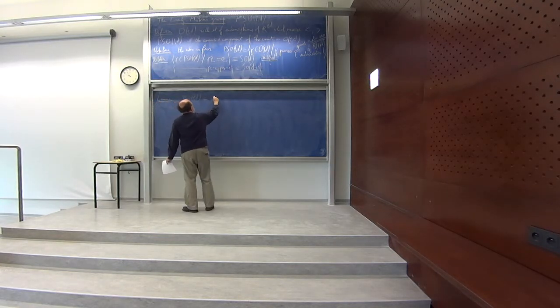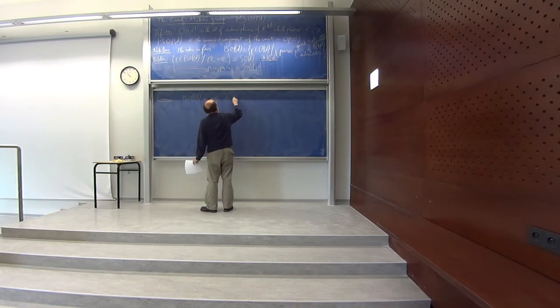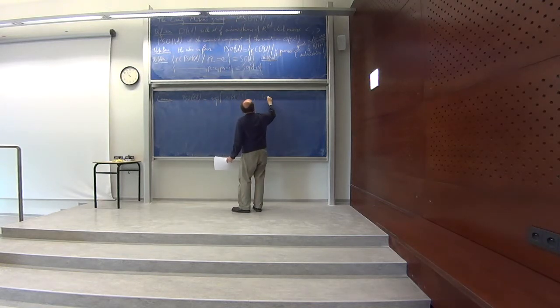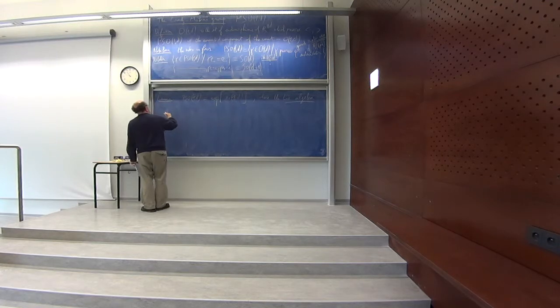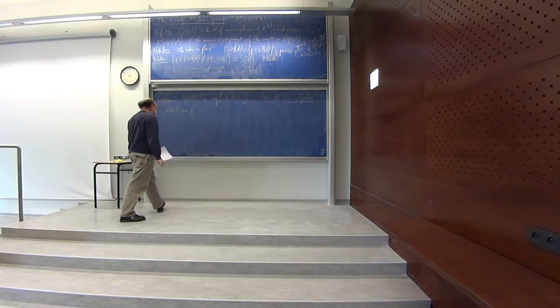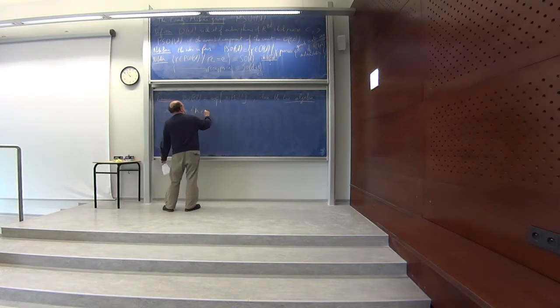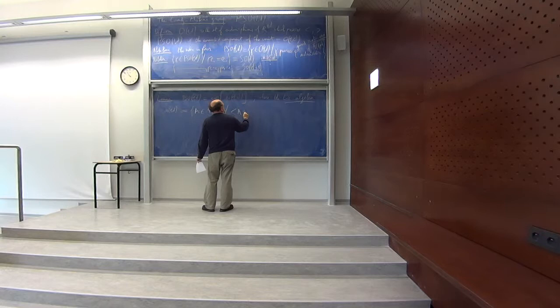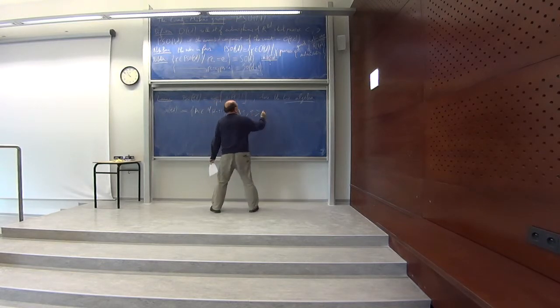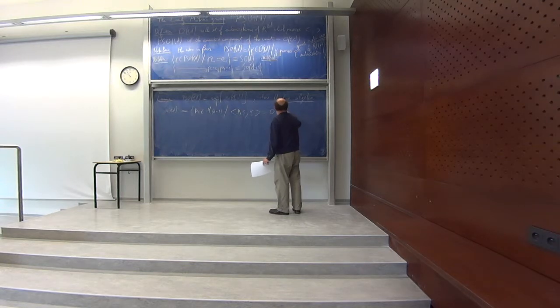PSO(1,d) is the set of exponentials of little so(1,d), where the Lie algebra little so(1,d) is the set of those matrices, square matrices with size d plus 1, of course, such that A psi is not for any psi in R^(1+d).